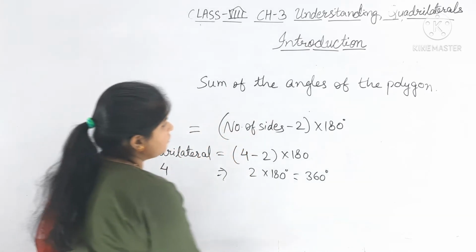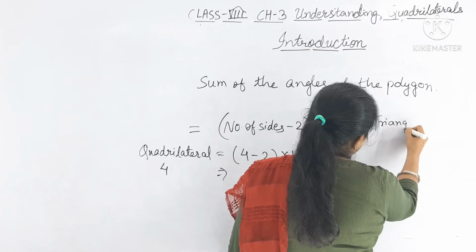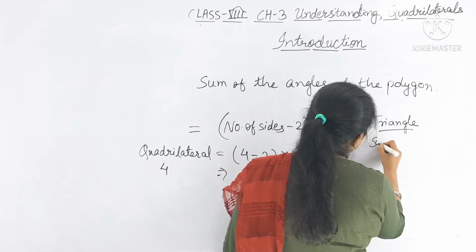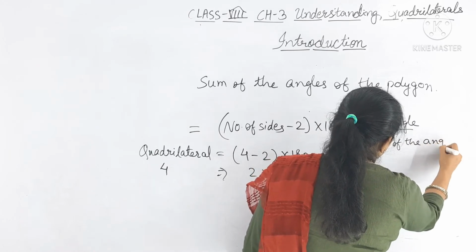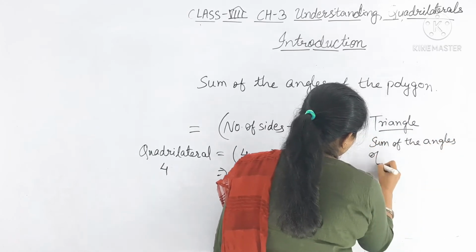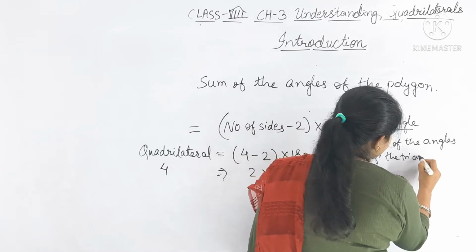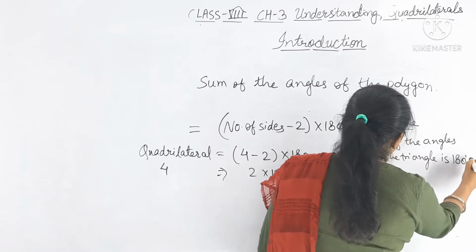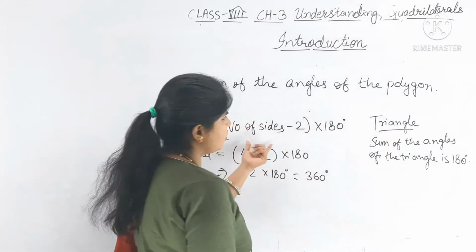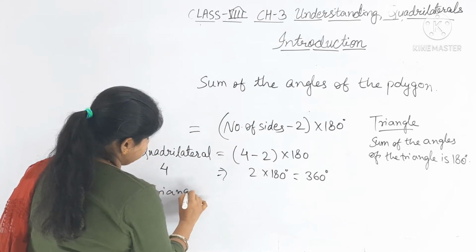Okay, and we know triangle has the property that sum of the angles of the triangle is 180 degree. We know that. I can prove it for triangle also.